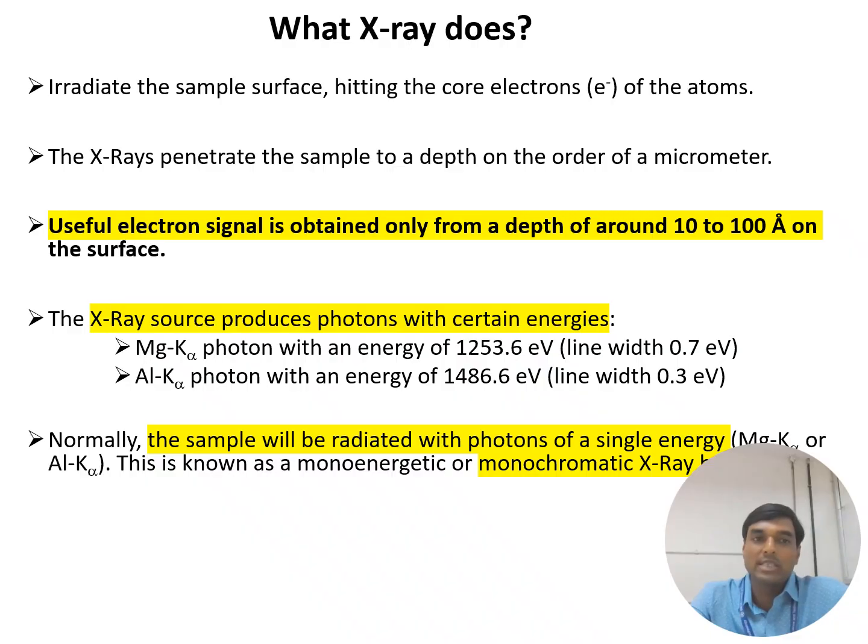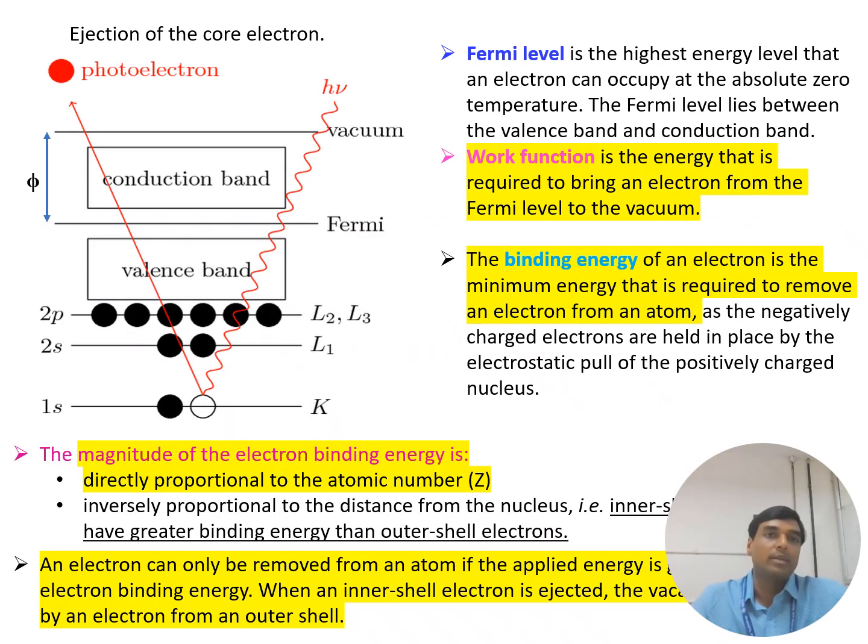So the X-ray source produces photons with higher energy, which can be 1253.6 electron volt or 1486.6 electron volt, meaning that is the energy those photons can pass on. Normally these samples will be irradiated with photons of single energy, meaning monochromatic radiation. It will have a particular wavelength, monochromatic X-ray radiation. Okay.